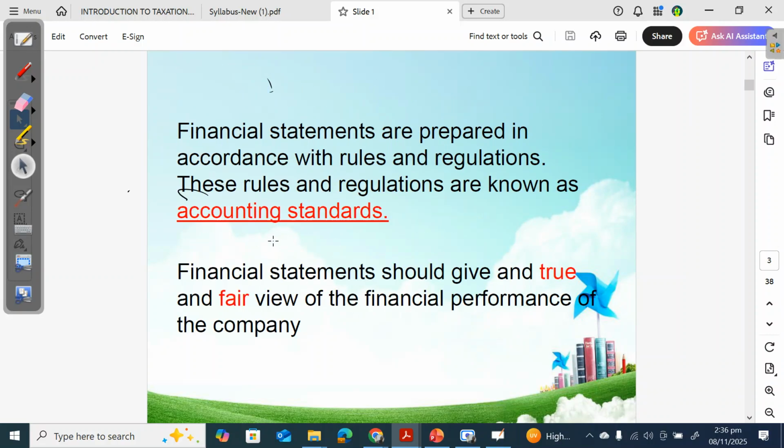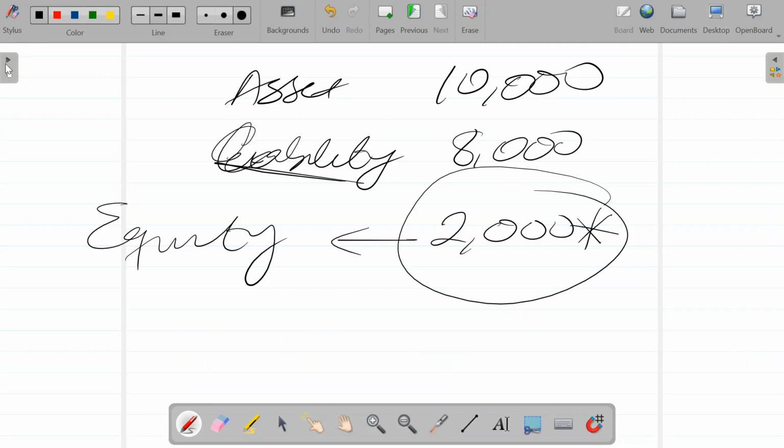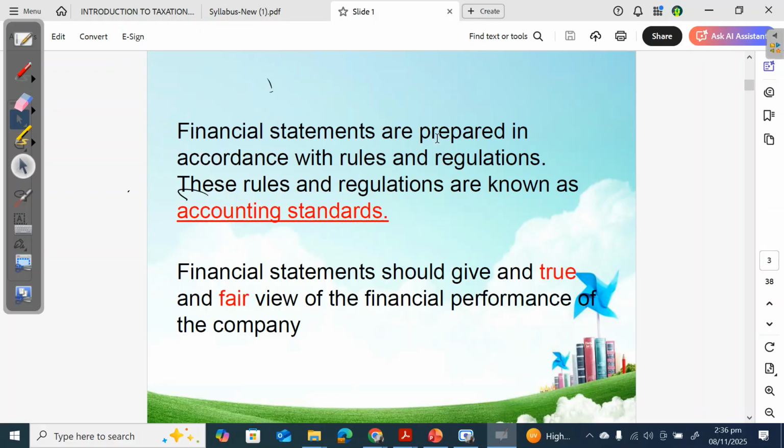Okay, where was I? Yes. So accounting standards are principles and regulations that we use to prepare financial reports. And there's a standard for a lot of items in the financial report, even how to present the reports.